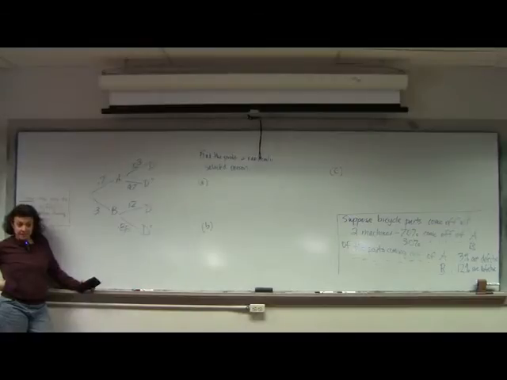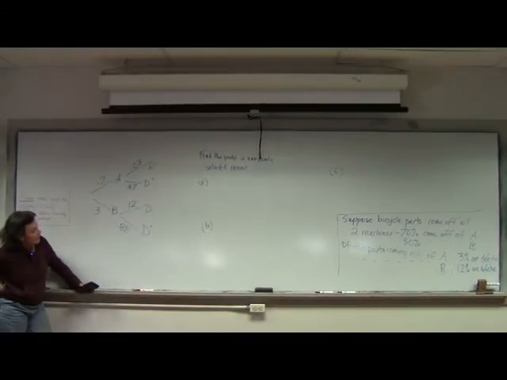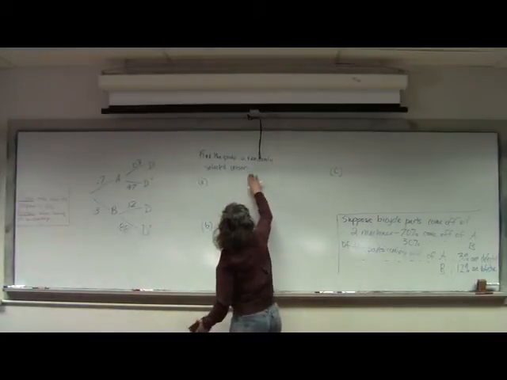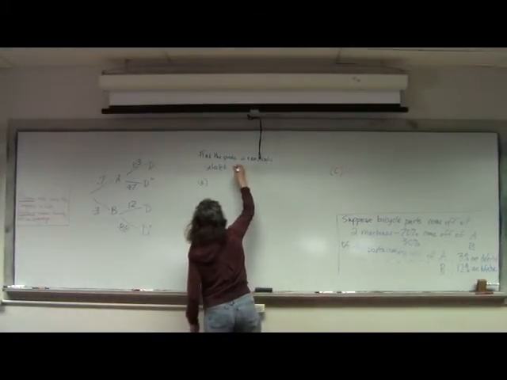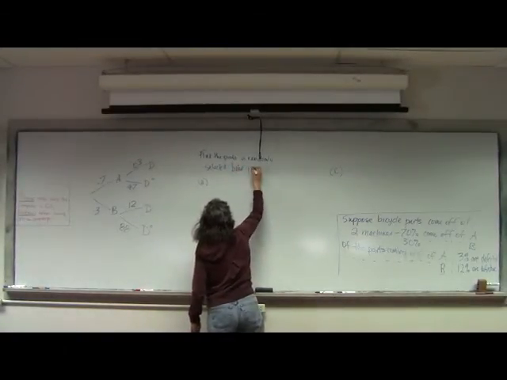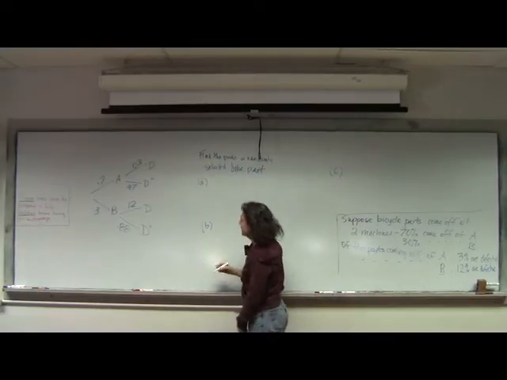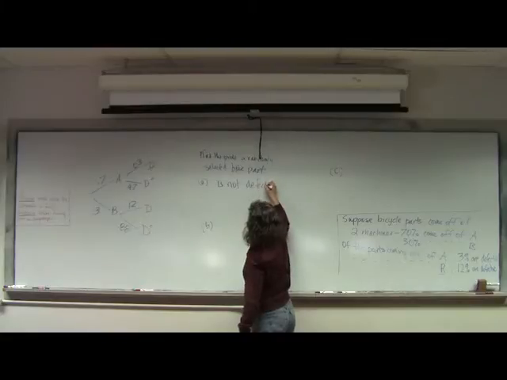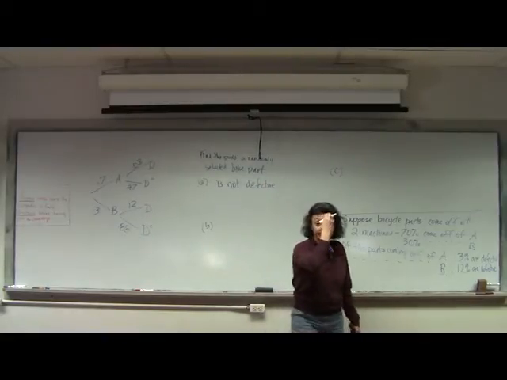All right. So now that we have our tree drawn, I kind of have to change the wording of the problem. Find the probability that a randomly selected, how about bike part, is not defective.